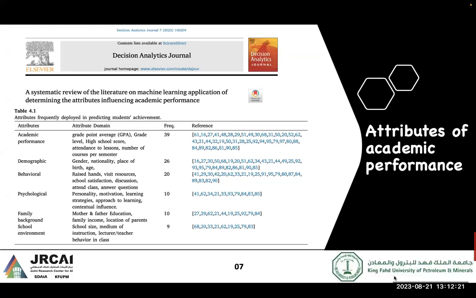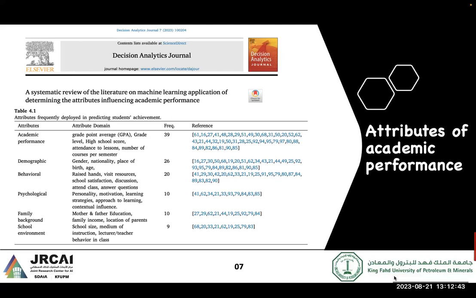in building machine learning models. You can see the frequency of using these kinds of parameters. It is a lot. Then we have the demographic, the student information, the location, the title, the gender, and so on. And then we have the behavior.